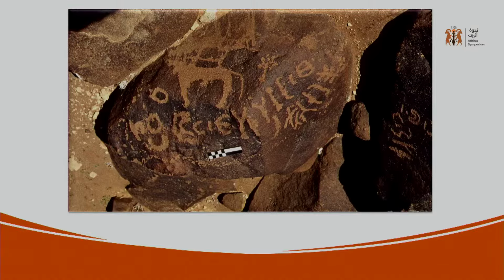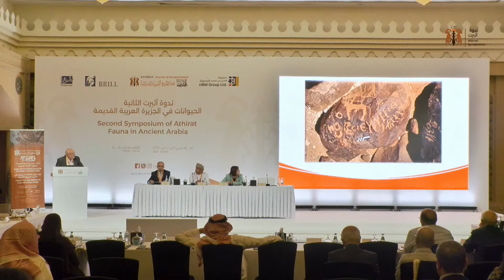Here it is said clearly that the talk is about two oxen, using the word thor. Of course, the word thor is known in Safaitic, but not to describe a domestic animal, but rather the wild ox. But again, the structure is the same.